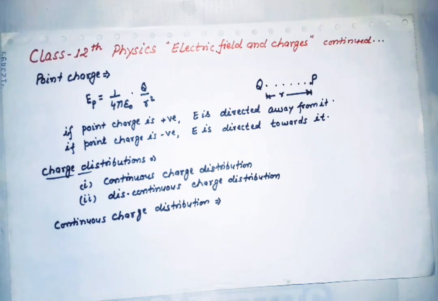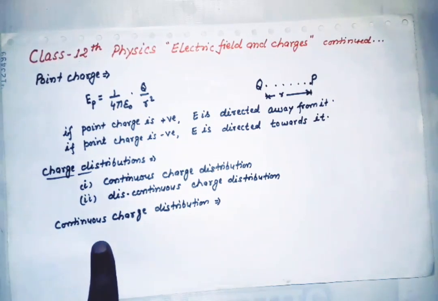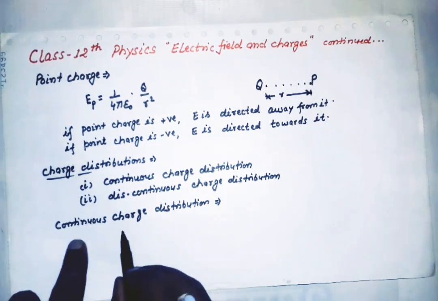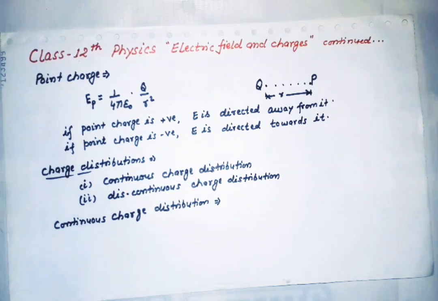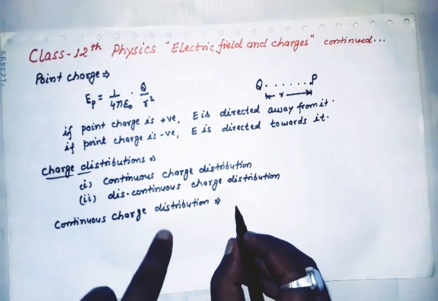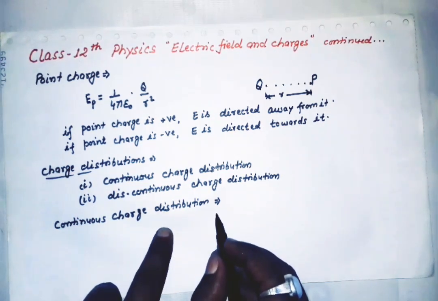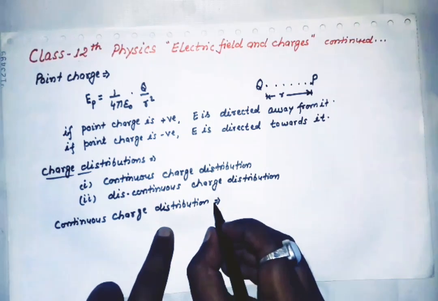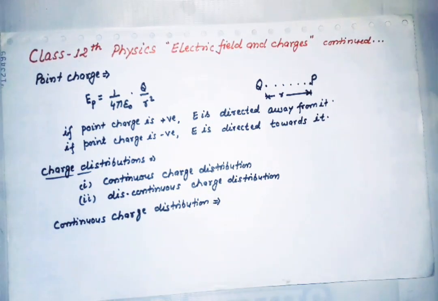This continuous charge distribution happens in three ways. It is possible to distribute the charge over the length of any material, or over the area, or over the volume.